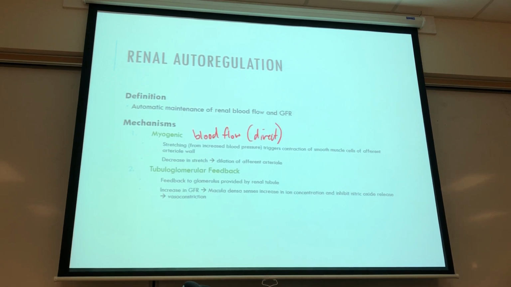Tubuloglomerular feedback gives us ion concentration that will allow us to infer the amount of blood flow. This is an indirect path.